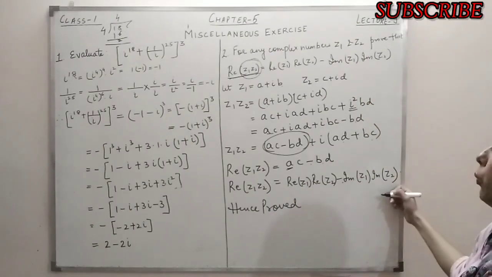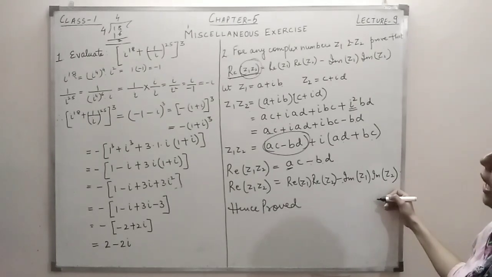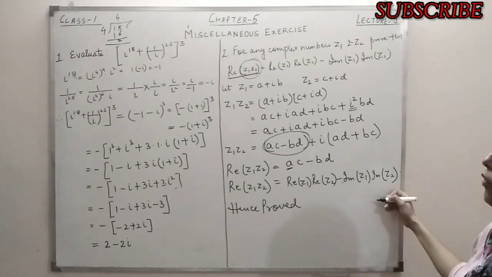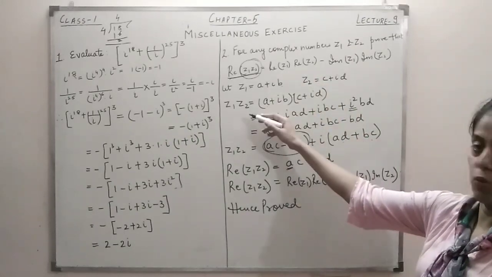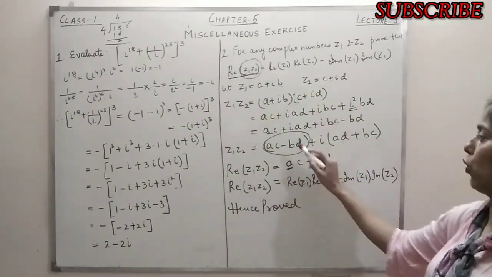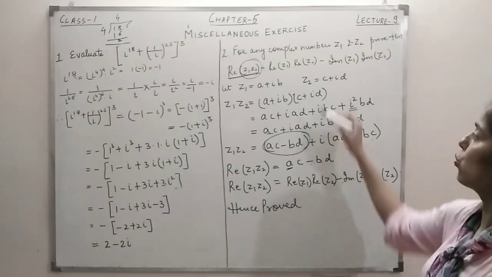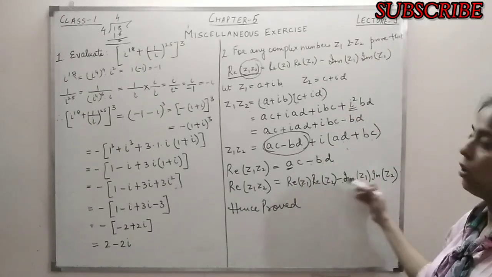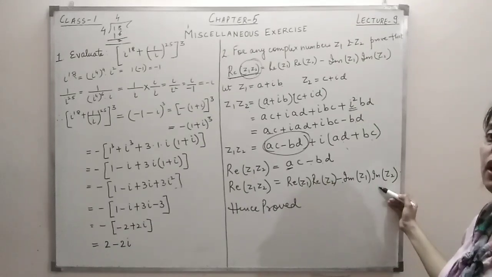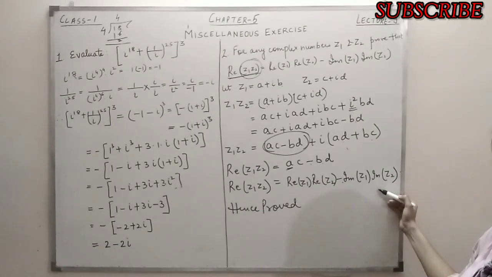So like this we can solve it by taking any two complex numbers. We'll first find z1 into z2, then find the real part of z1 into z2, and then check that it equals real z1 into real z2 minus imaginary z1 into imaginary z2.